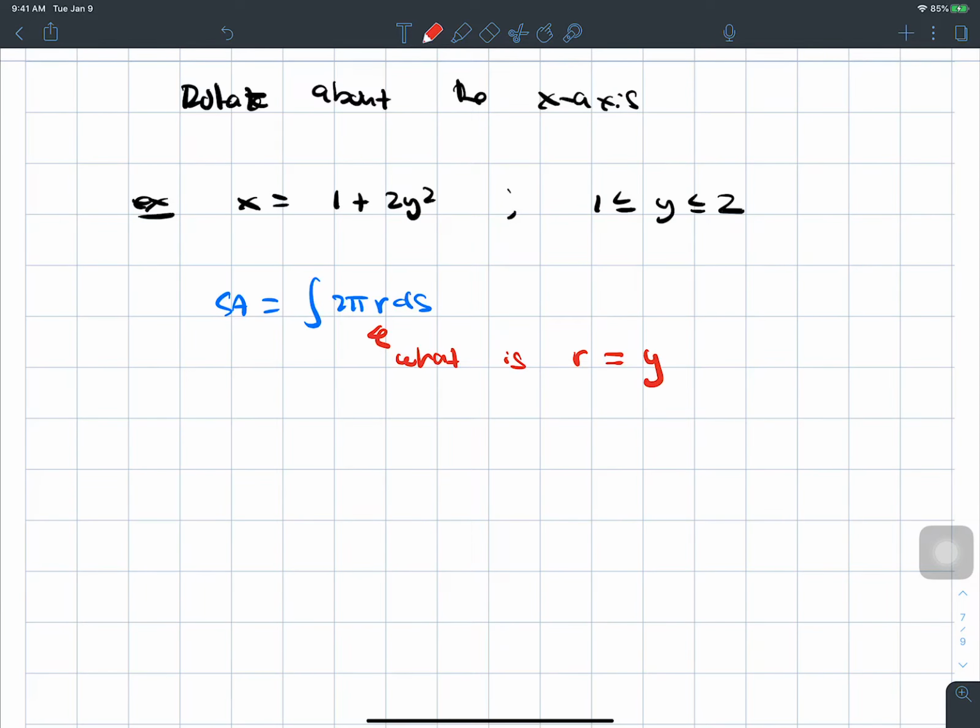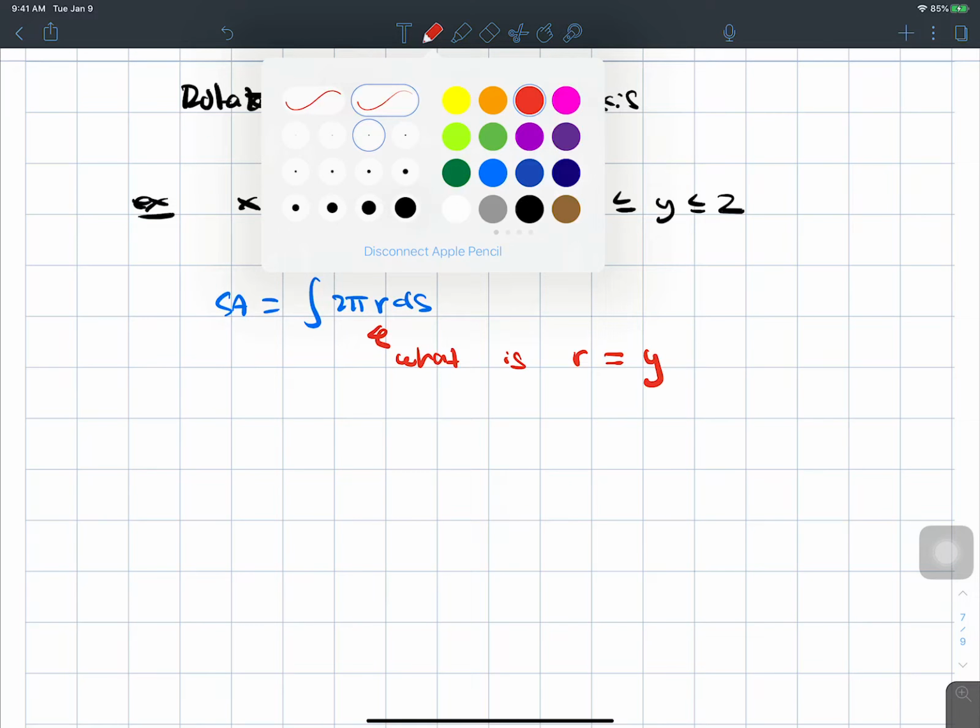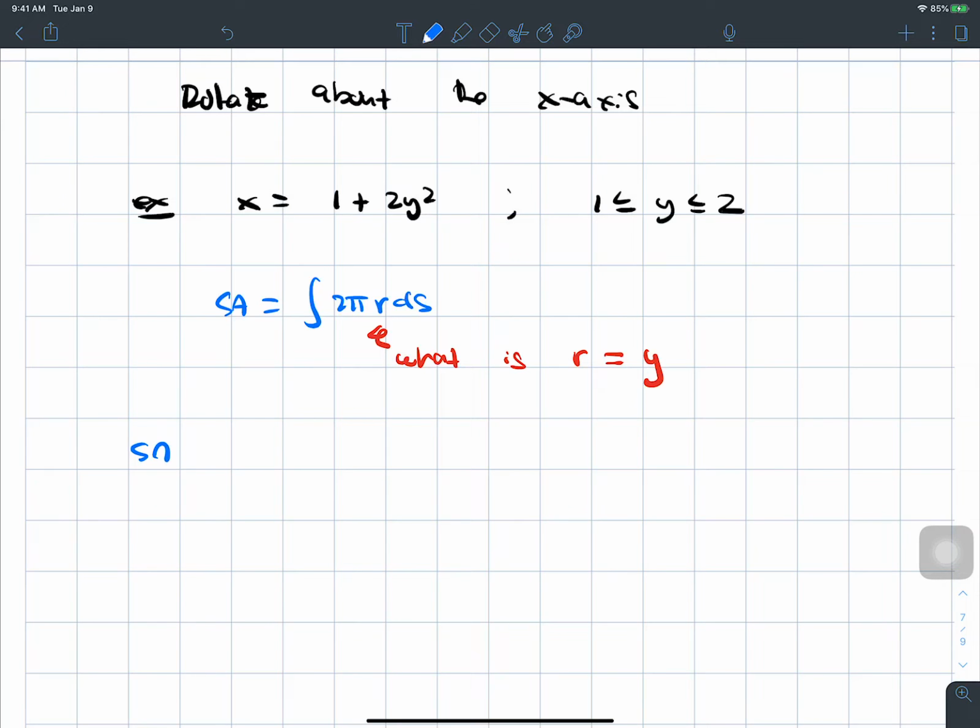So let's put this together here. The surface area is 2 pi y. We have a ds. Now if I go back, I'm going to notice I have y, but I have this x as a function of y here. So x equals g of y.